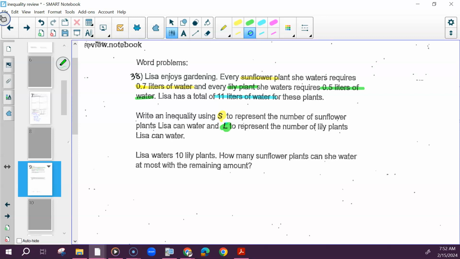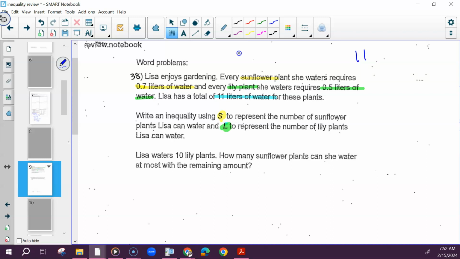So let's do that part first. They gave us our variables. So if we were to set this up, it'll be like our systems since we have 2 variables. And we know she has a total of 11. It'll be like our systems, but we will only have one inequality.